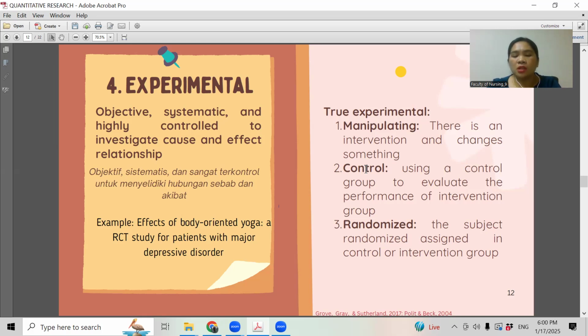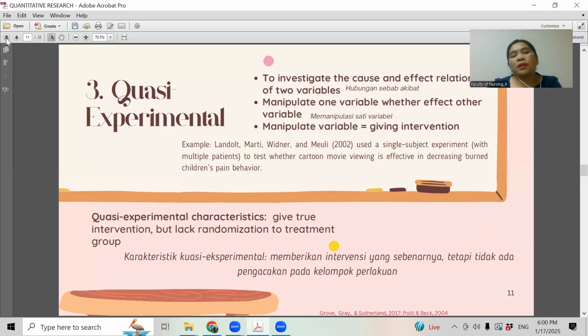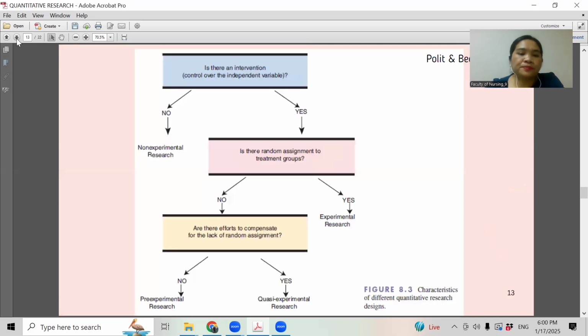And we randomize subjects into the control group and the intervention group. So the randomization is not that strong in quasi-experimental. It is strong in true experimental. So this is the scheme for quantitative research.